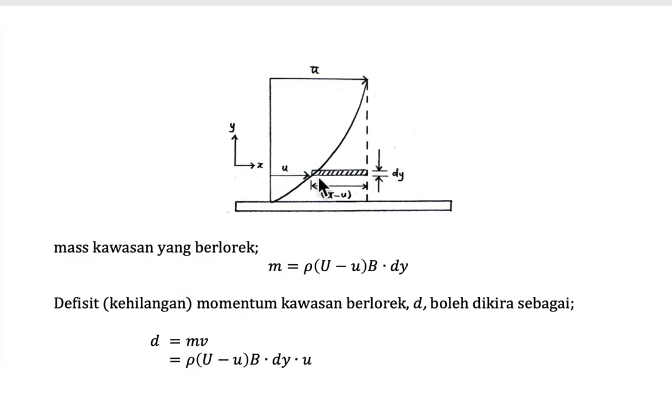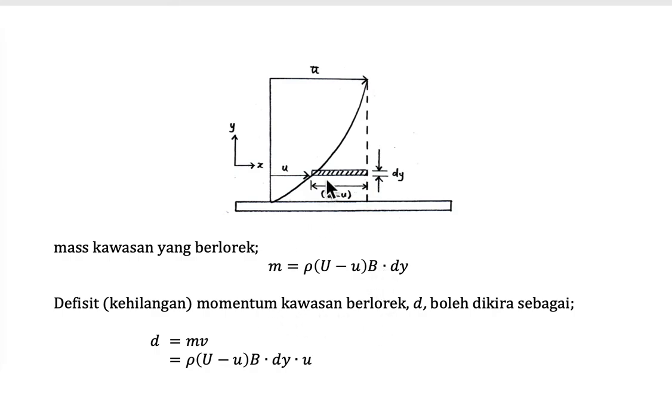So the mass for the shaded area is rho times volume, and rho is the density. Volume can be calculated by multiplying the length, capital U minus u, the thickness dy here, and the width. In this situation, we assume that the width is equal to b.